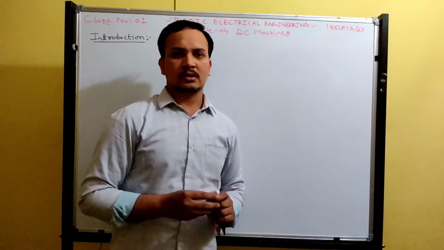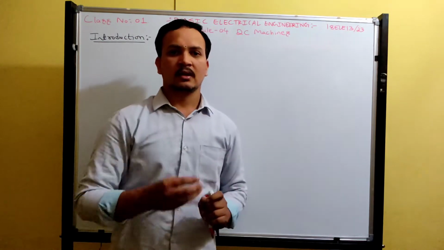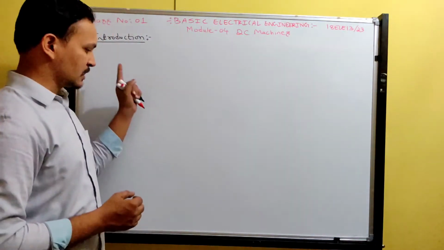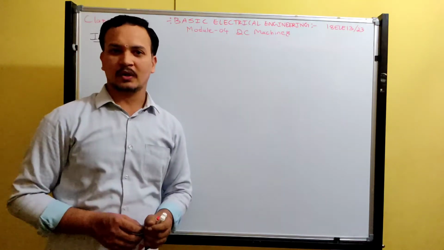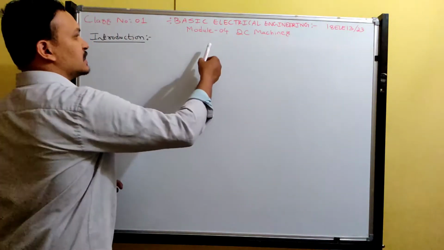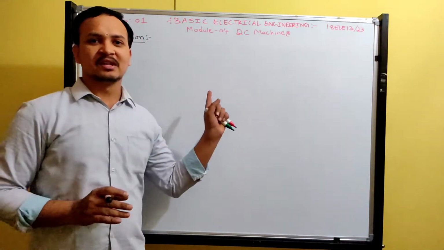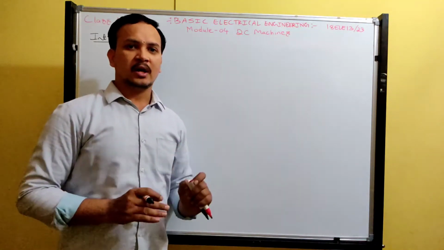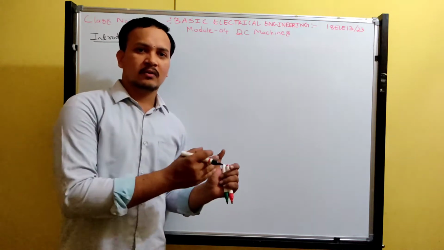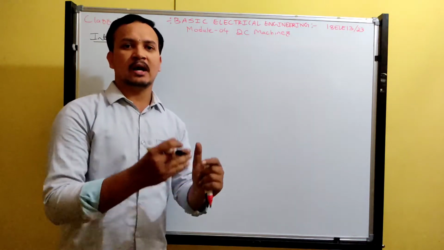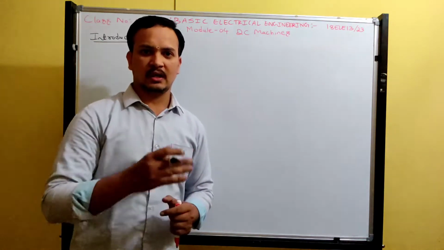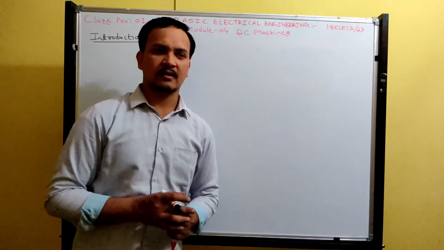Whatever questions they can ask, I will cover in this introduction class. You need not copy anything because no question will be set on this introduction topic, but whatever I explain, those concepts will be asked in viva questions in the electrical laboratory.